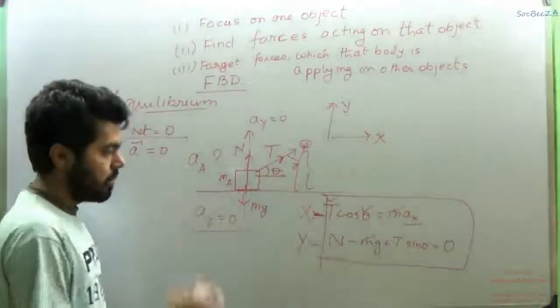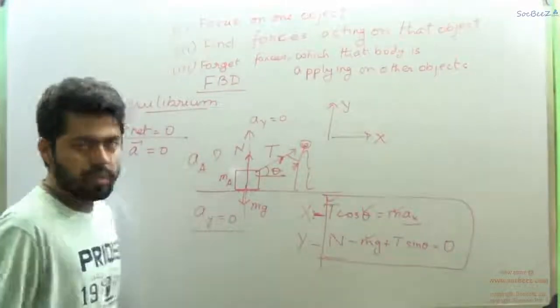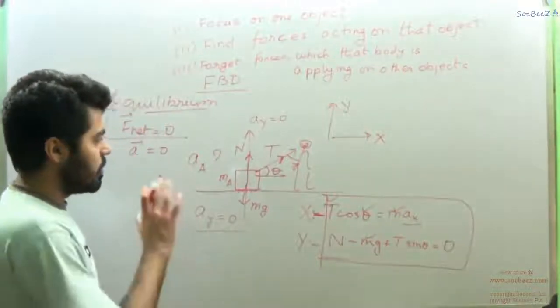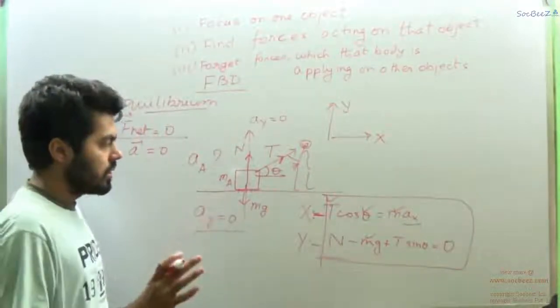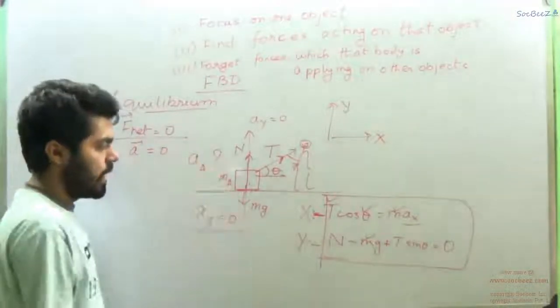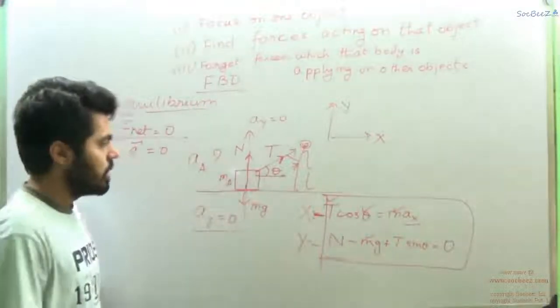We'll just solve it by putting in the given values. It is as simple as this: ultimately we have to resolve it along the x or y axis. This was a simple question as it had just one body. We just resolve the forces along the x or y axis and find the variables.